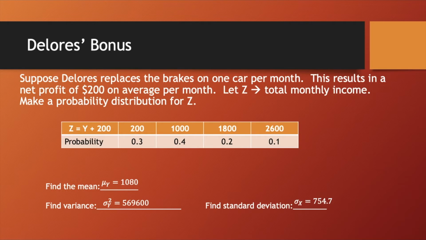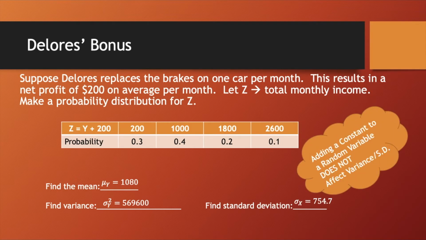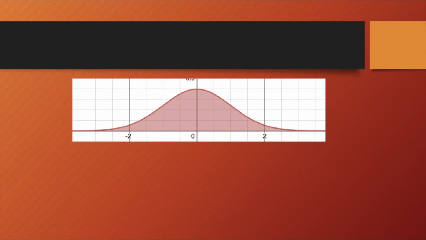So when I added a constant to the random variable, I added the same amount to the mean, but the variance and standard deviation, or in other words the spread of the distribution, is unchanged. So why might that be? Looking at just a regular normal curve, think about how spread out this is. If I added a value to each and every value in this graph, what would it do to the graph?